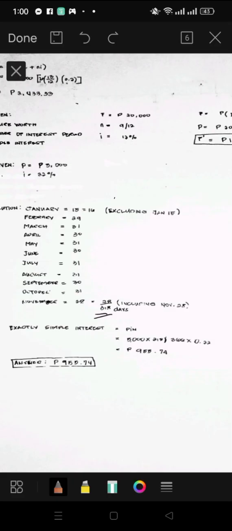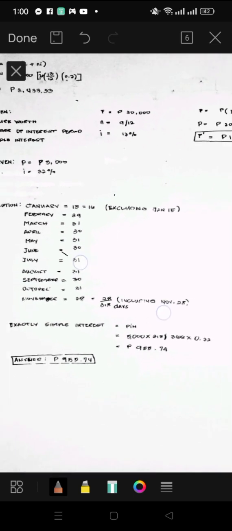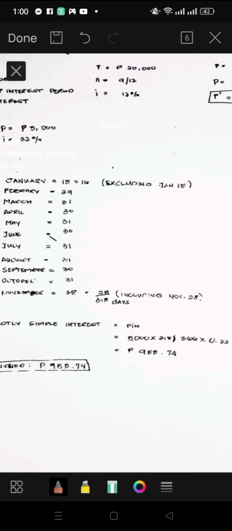So 323 minus 15 is equal to 308, plus 1 for the leap year, gives 318 over n, which is equal to 366. So let's plug into our formula.